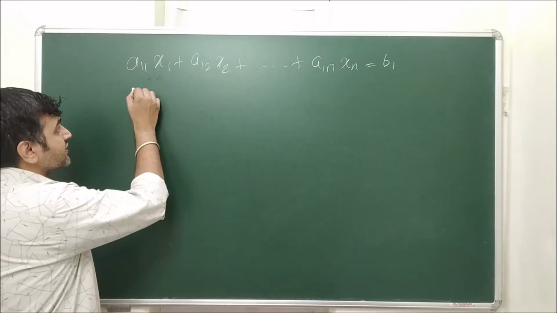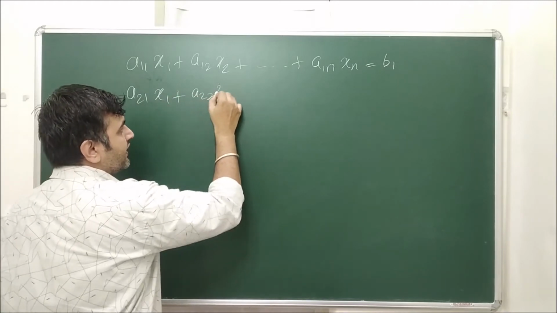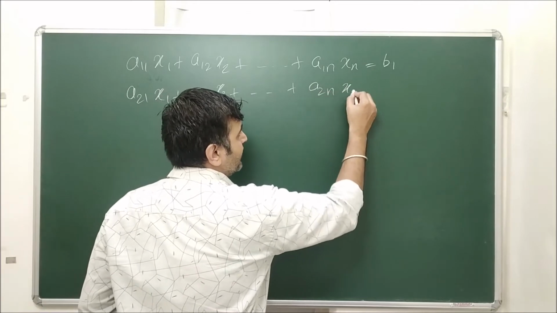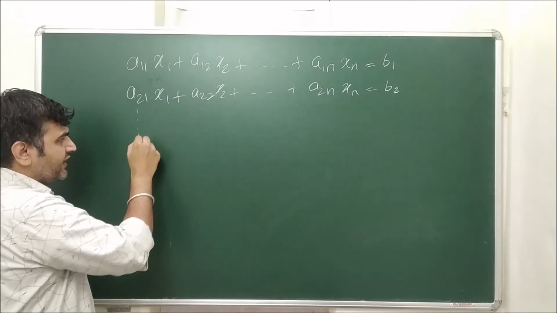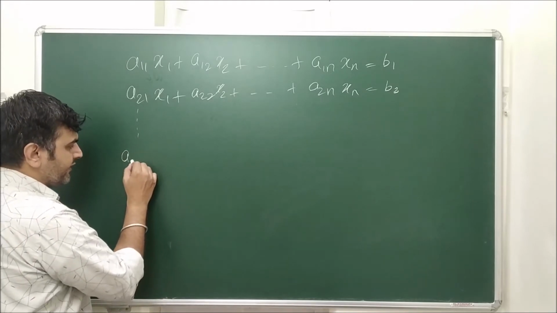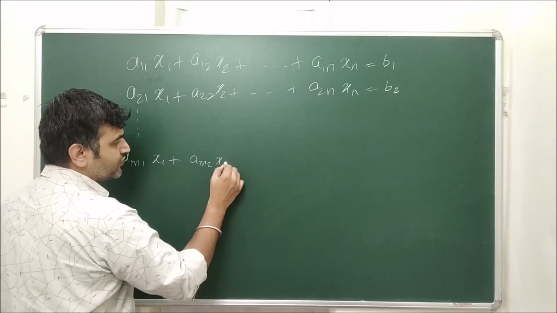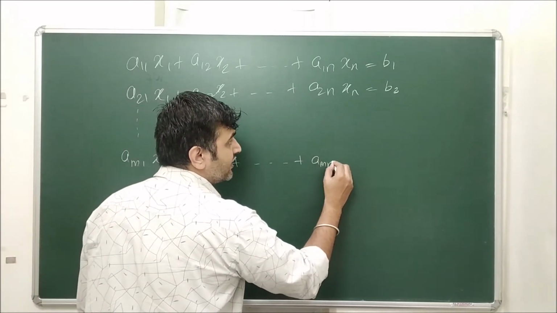Suppose you have another equation. So a21x1 plus a22x2, it also has n variables, equal to something, say b2. And suppose you have say m number of equations, so am1x1 plus am2x2 and so on. So you have m number of equations, and how many unknowns are there?